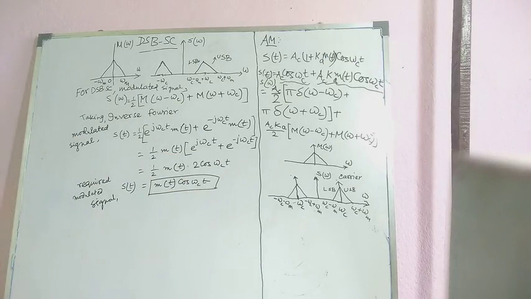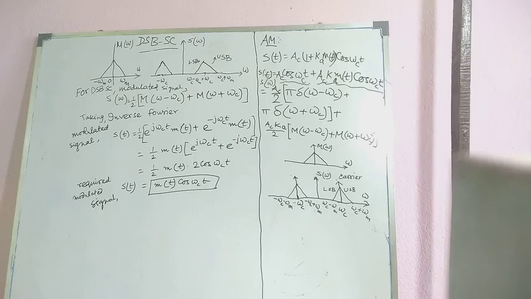Therefore, if we conclude this class, we may conclude that in pure amplitude modulation, or traditional amplitude modulation, the carrier alone, the discrete or separate carrier, is transmitted, which is of no use.